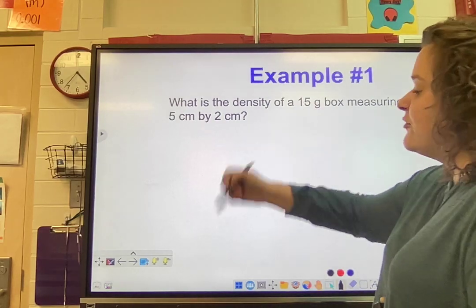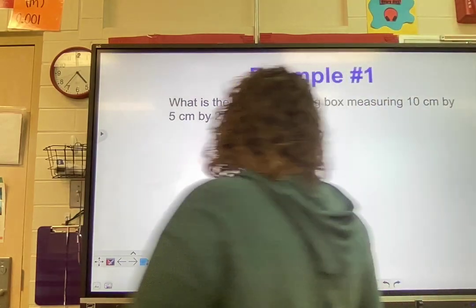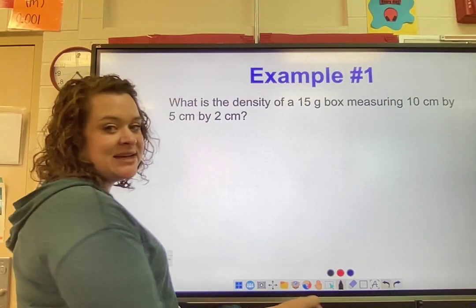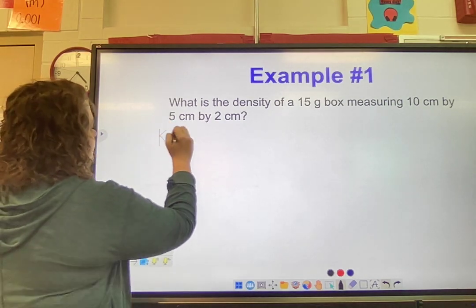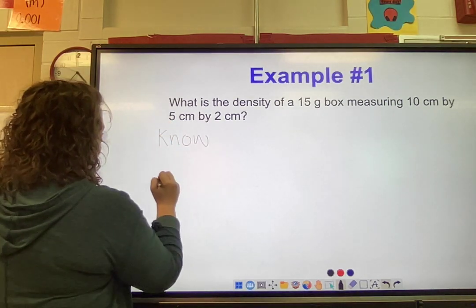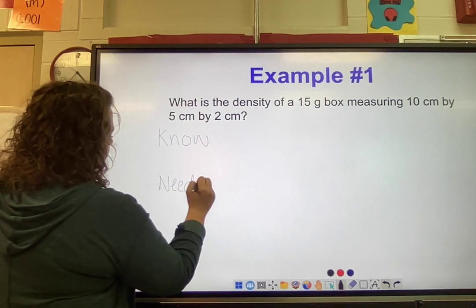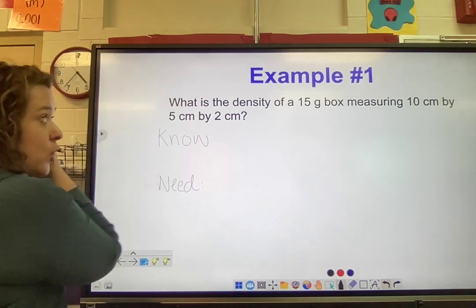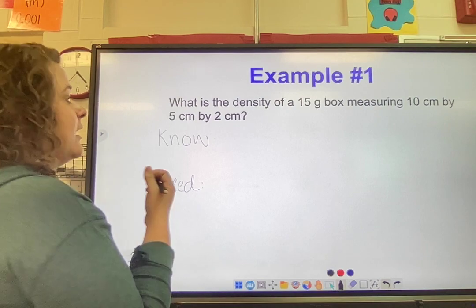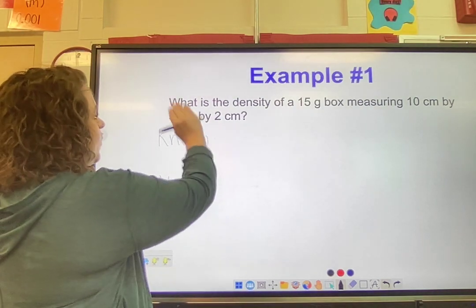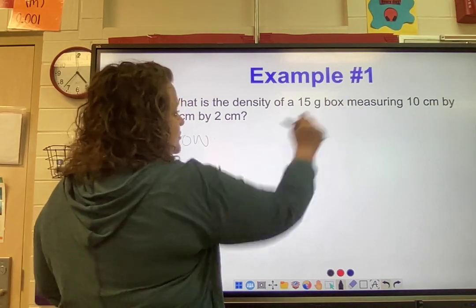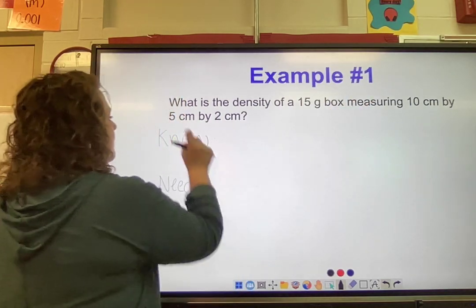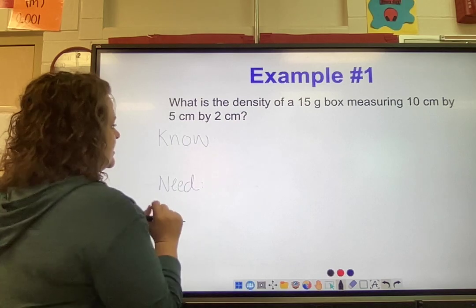What we're first going to do is write know and need. We're going to do that on any type of math-like equation. So we're going to write know, and we're going to write need. The question says, what is the density of a 15-gram box measuring 10 centimeters by 5 centimeters by 2 centimeters?